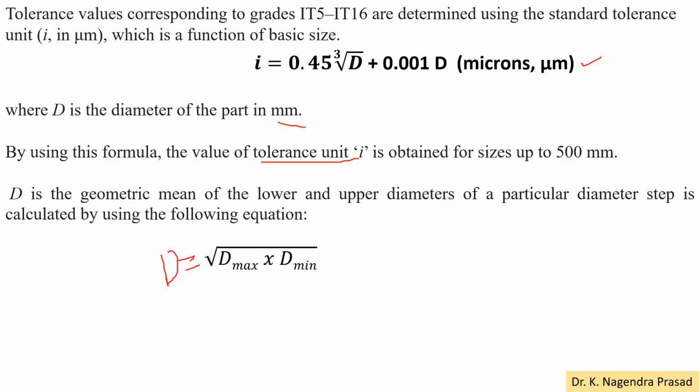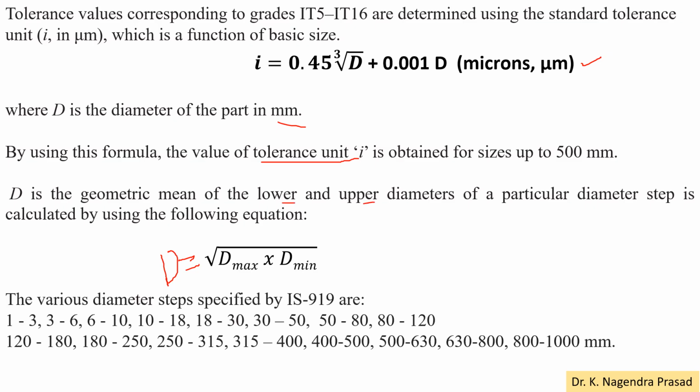It is the geometric mean of the lower and upper diameters of the step diameter. These lower and upper diameter values are given by IS 919, and the ranges are the following. Especially we have to remember the 10 to 18 step range, 18 to 30 step range, 30 to 50, 50 to 80, 80 to 120, and 120 to 180. So these are the ranges we have to remember.